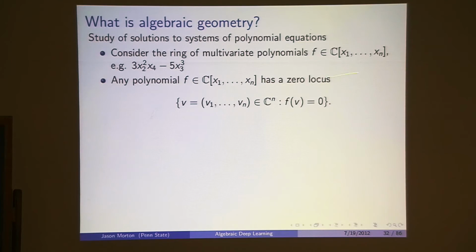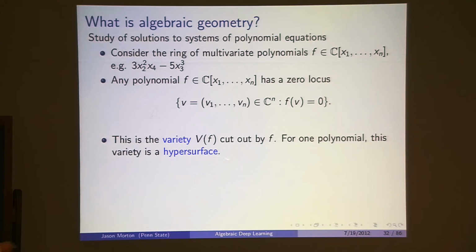Any polynomial has a zero locus, the set of all points at which that polynomial has value 0. The term for this is the variety cut out by the polynomial f. If I just have one polynomial, or an irreducible polynomial, this variety is going to be a hypersurface. Here's an example.